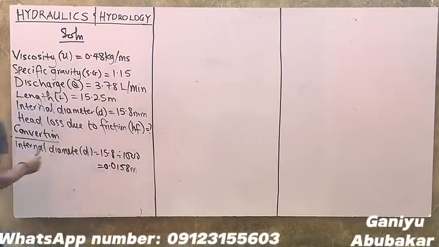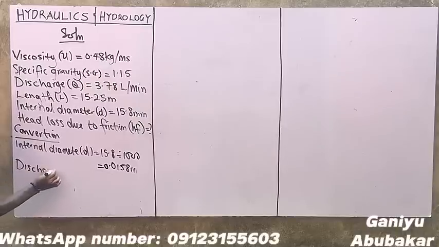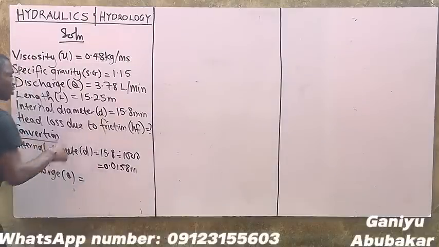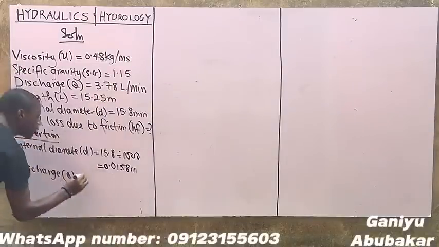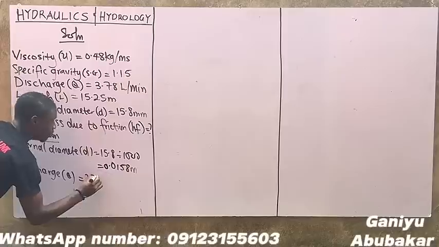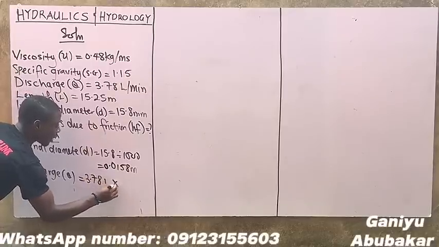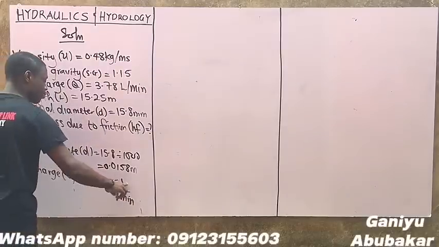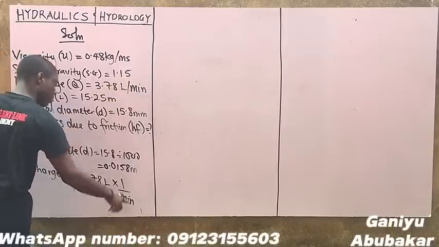Let's convert the discharge Q. That's 3.78 liters times 1 over minute.